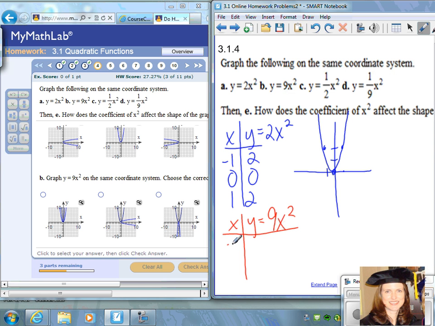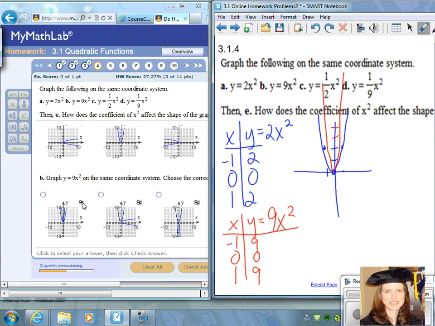Plugging in those same values for x, squaring, and then multiplying by 9, you get 9, 0, 9, and you can plug those points in. In fact, it's going to be off the page here. It's going to be -1, 9, 0, 0, and 1, 9. So it's going to look something like that.